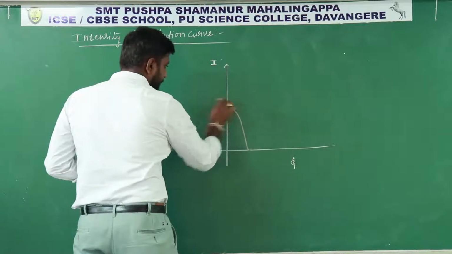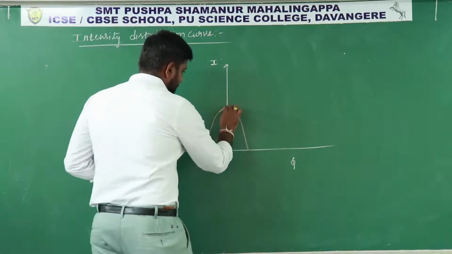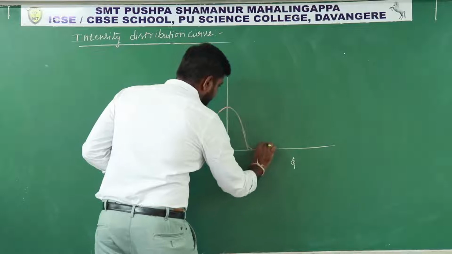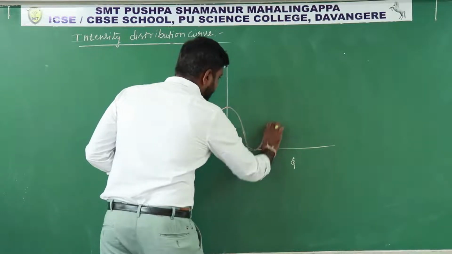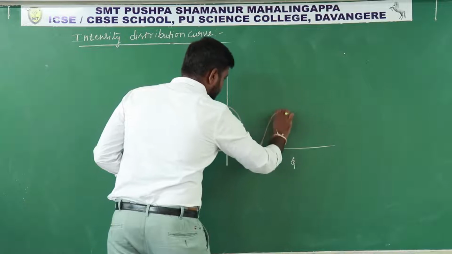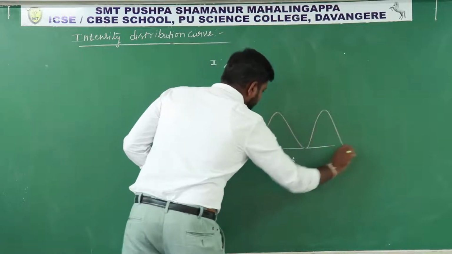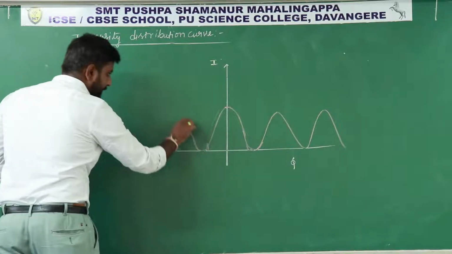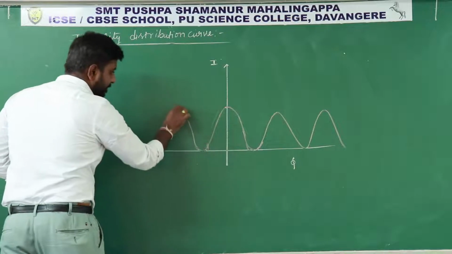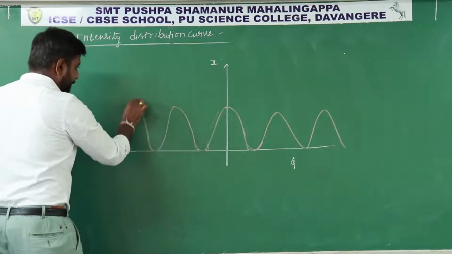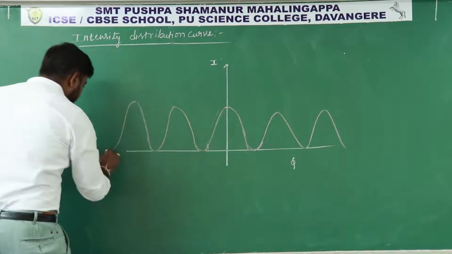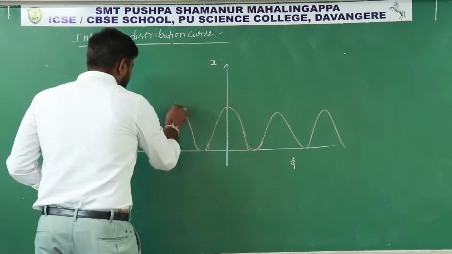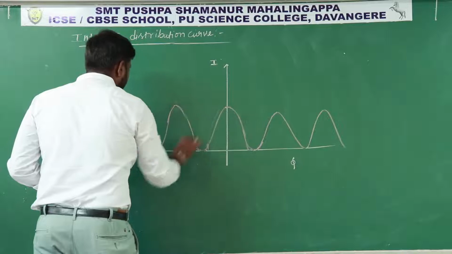So this is intensity maximum, and next that is bright fringe, and next intensity minimum, and then intensity becomes maximum. Here also you will observe the same. So this is the intensity distribution curve for interference.